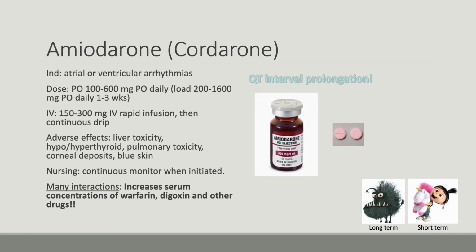Unlike flecainide and encainide that were used in CAST, amiodarone is safe to use in people who have bad left ventricular heart muscle function, right? So it's okay to use this drug in those patients, but only in the short term is it really safe and cuddly. We can't hurt people with it in the short term, so we really like amiodarone.